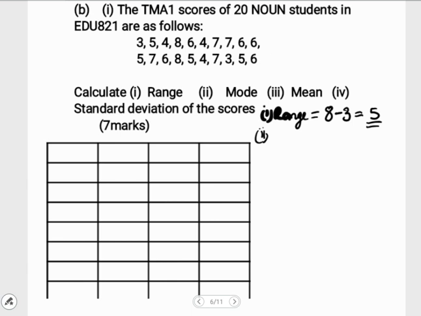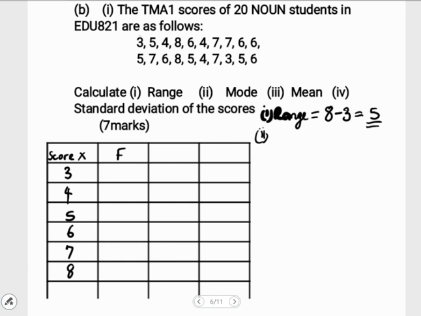Okay, we may as well form a table for this to avoid confusion. So we have the score here and the frequency. We have 3, 4, 5, 6, 7, 8.